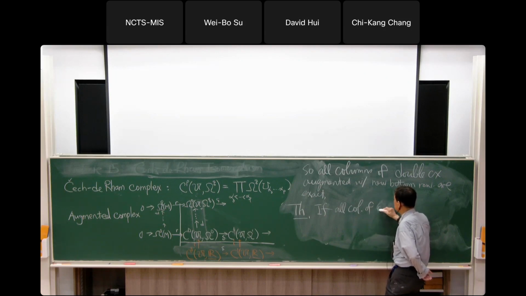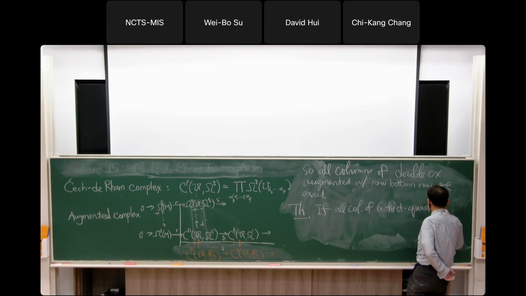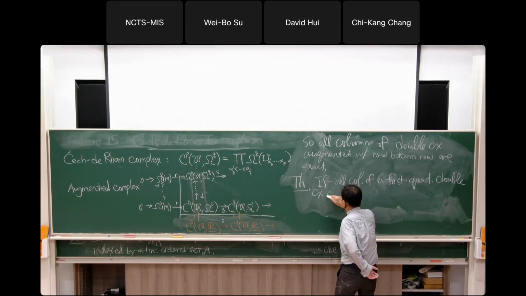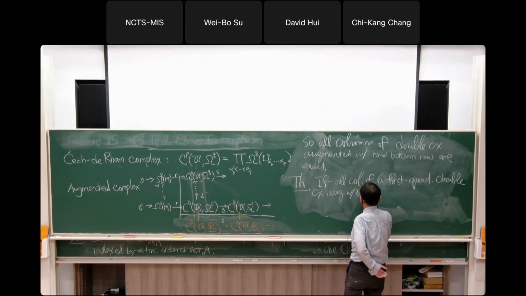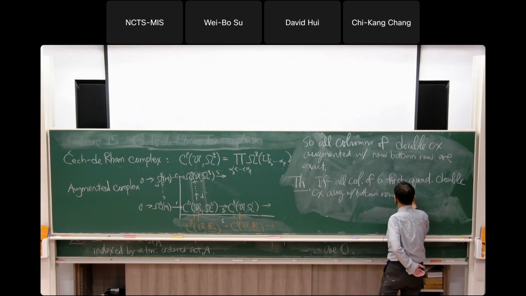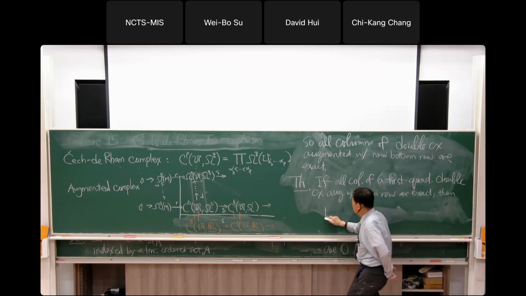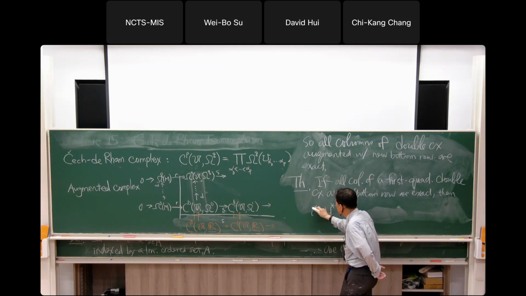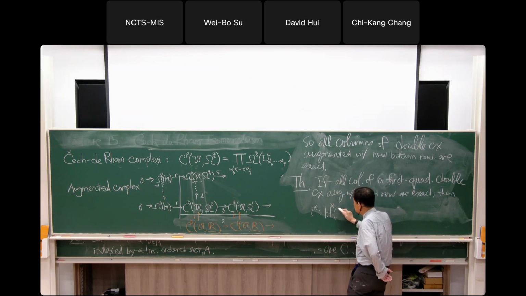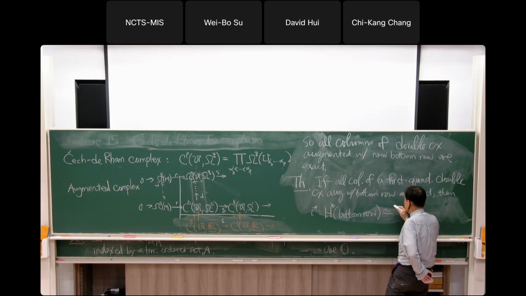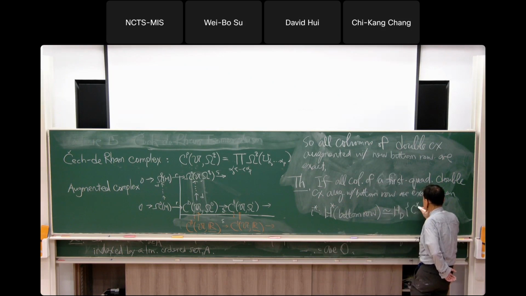So all columns of a first quadrant double complex augmented with a bottom row are exact, then the homology of the bottom row induced by inclusion is isomorphic to the homology of the double complex.